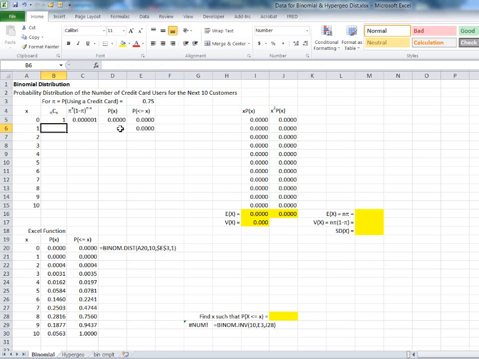So that can happen one way. Then how many ways can it happen where just one person uses a credit card? Well, that can happen 10 different ways using the combination rule, and we did that under the counting rules lecture notes and videos, so I expect you to be familiar with using that formula.